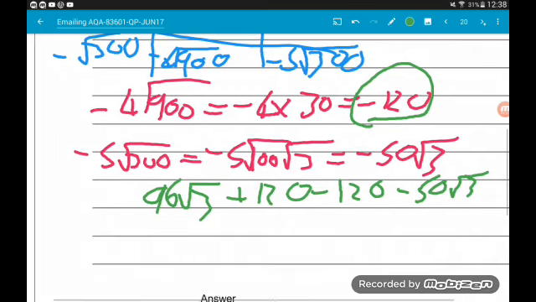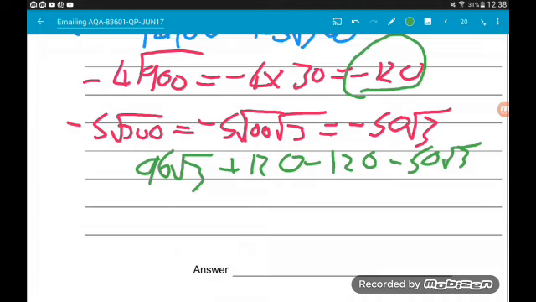So remember, this is just the top of our fraction, so the 120s cancel out. We got 96 root 3 minus 50 root 3. We're just left then with 46 root 3. Good times.